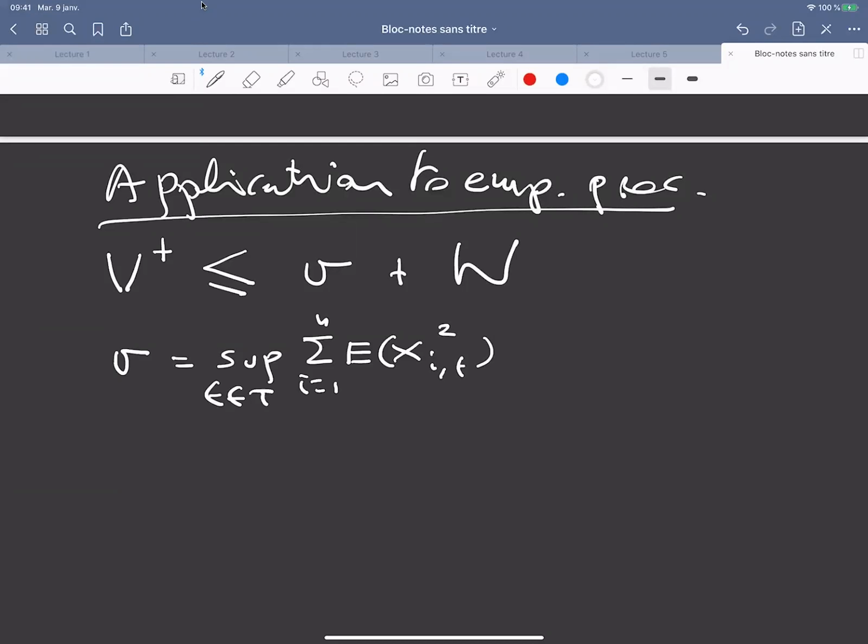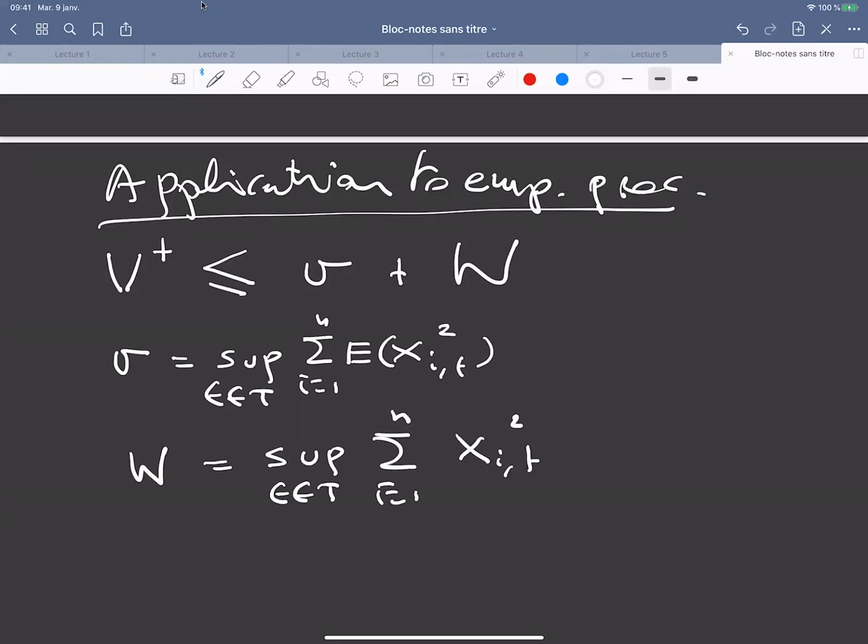This is a quantity that you expect, and W is not so nice, but it is what it is. It's a sup of the sum of the x_it squared.